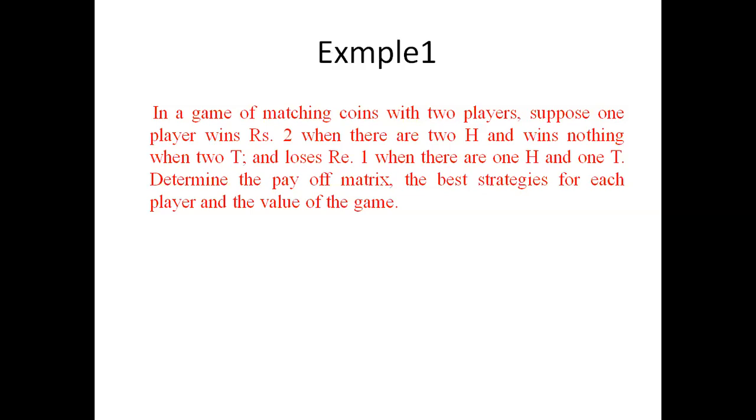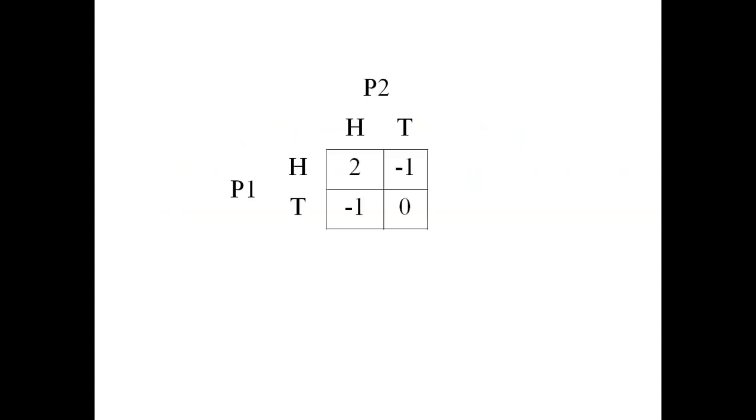Here the most important thing is the determination of the payoff matrix. Please remember the strategies here are head and tail. H is the strategy 1, tail is the strategy 2 for player A as well as player B. Here the payoff matrix is, just see here, head and tail, head and tail, these are the two strategies for player 1 and player 2.